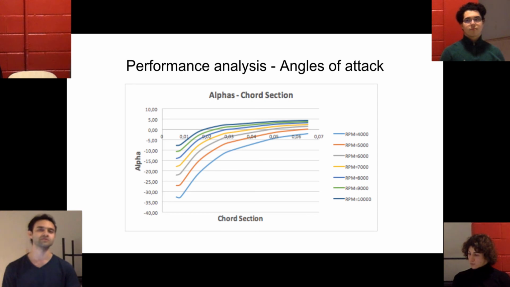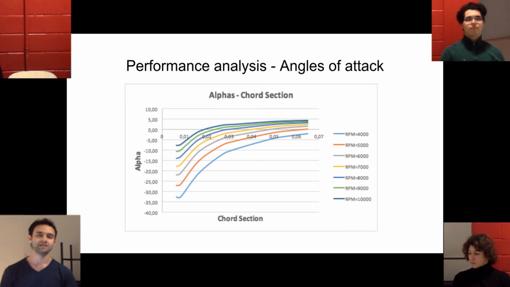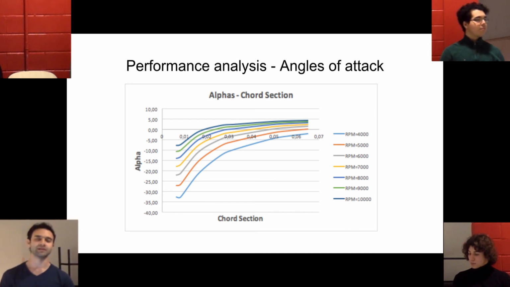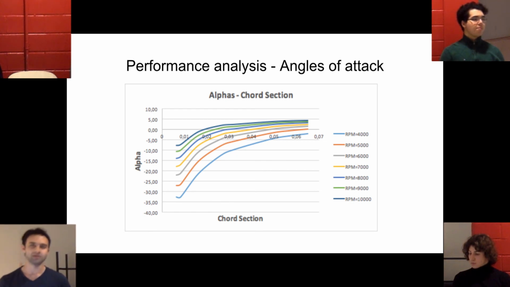This also explains why at low RPM values we obtain negative thrust. As we increase RPM, our propeller starts to have a positive distribution of alpha. That means that we are increasing our lift, or in this case our thrust, as we move along the radius.